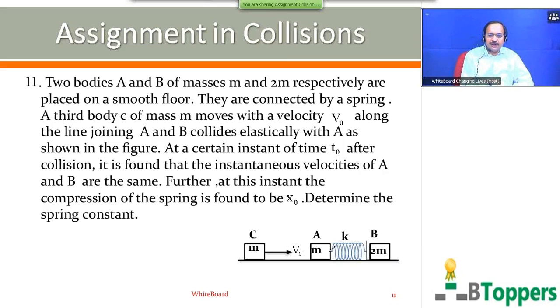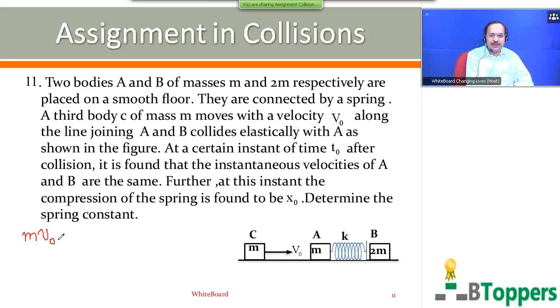So from conservation of momentum, we'll consider the motion of the system of the two blocks A and B and the spring from the instant after block C comes to rest and block A starts moving towards right. So momentum of A just after C collides with A becomes mv0.